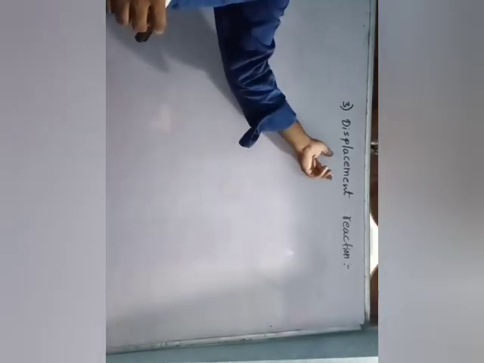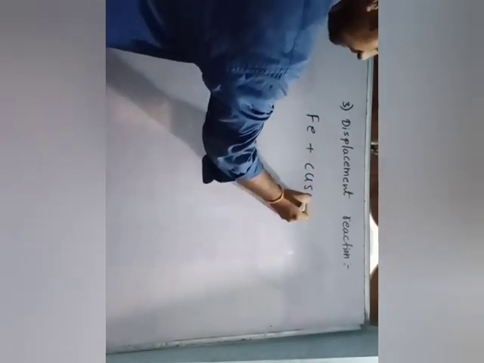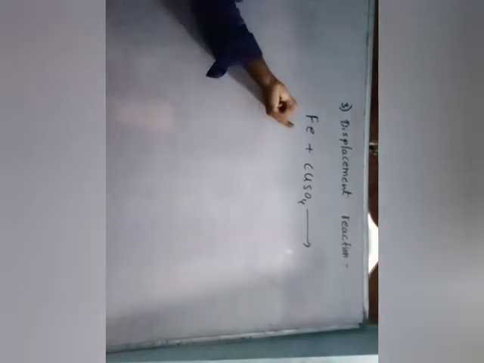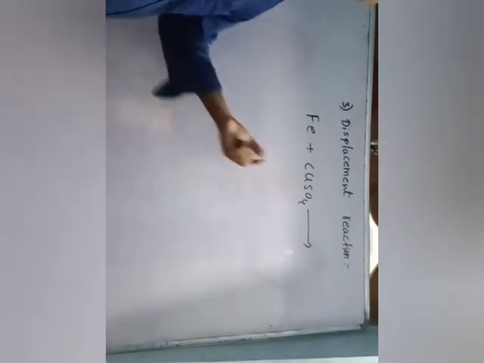Now the third equation, that is displacement reaction. What is displacement reaction? Simply one substance is replaced with other substance. Clear? Now simply take iron plus copper sulfate. Fe indicates iron, CuSO4 indicates copper sulfate.